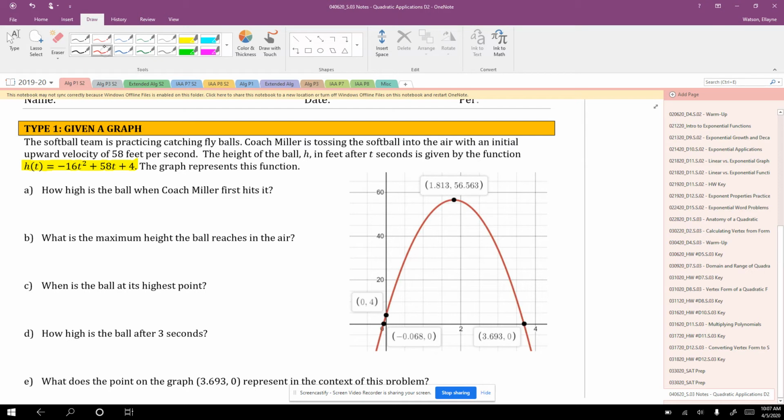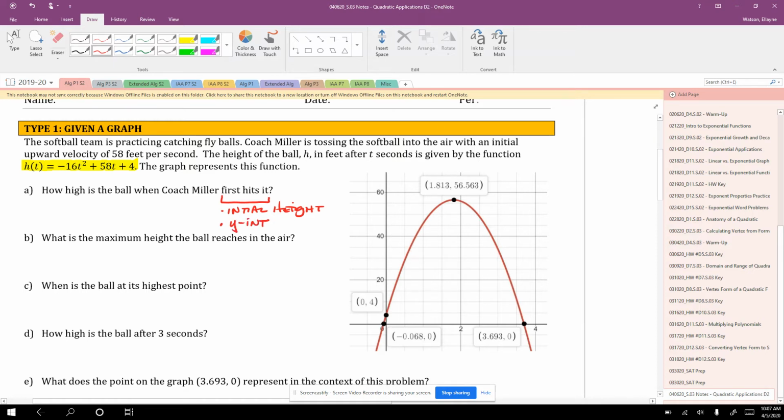So what we want you to do with these problems is relate this back to our math vocabulary. The question is asking how high is the ball when Coach Miller first hits it? Two things that I think of. This is initial height, which some of you might also think of as a y-intercept. And we know two things.